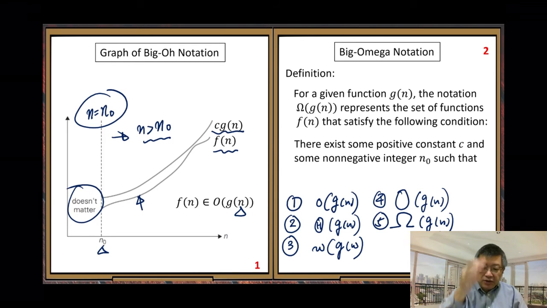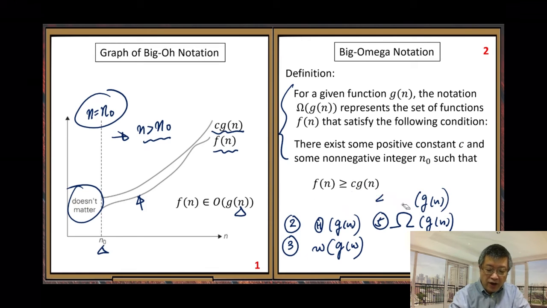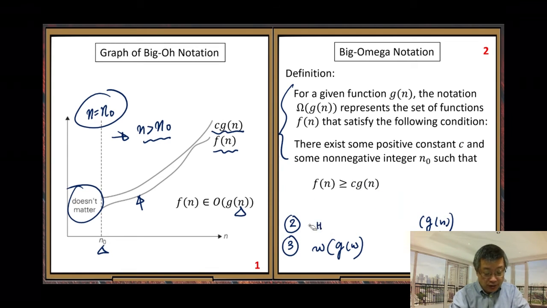There exists some positive constant c and some non-negative integer n0 such that, so this part looks the same as big O notation, but the condition is different. The condition is f of n greater or equal to c multiple of g of n.